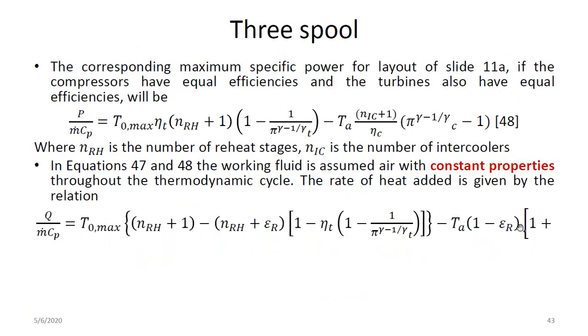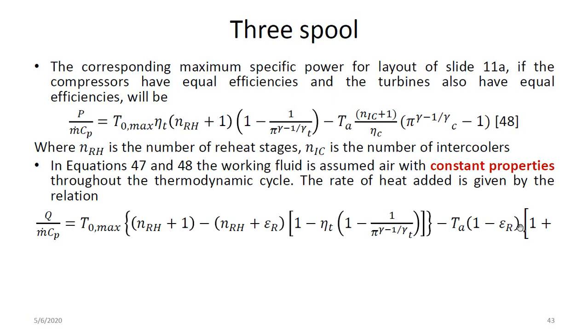All right. Then from here, you can get the specific power. So to get the specific power in equation 48, you just multiply it by the mass flow and specific heat. Then you remain with the specific power.